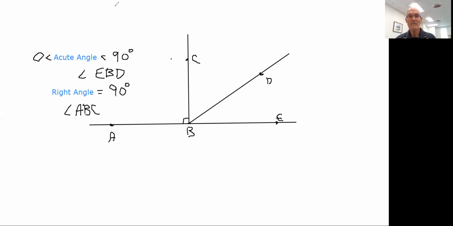Now, the third type of angle is an obtuse angle. An obtuse angle has a measure greater than 90 degrees and less than 180 degrees.